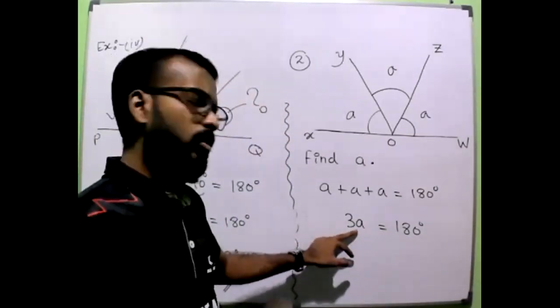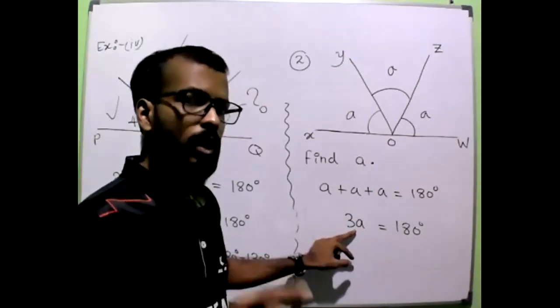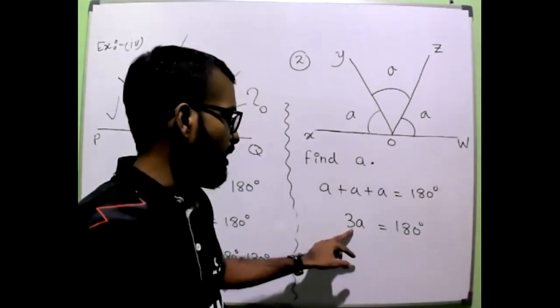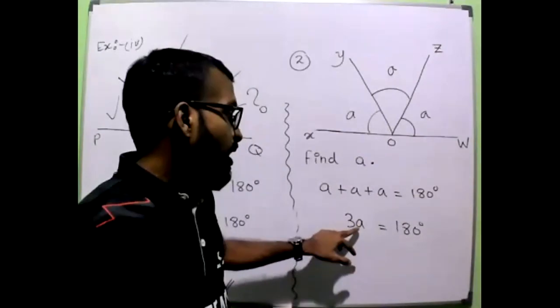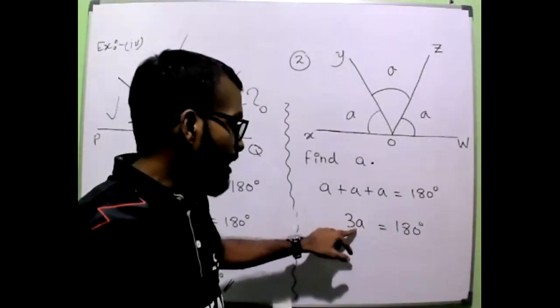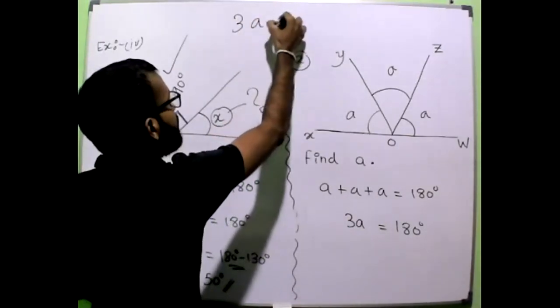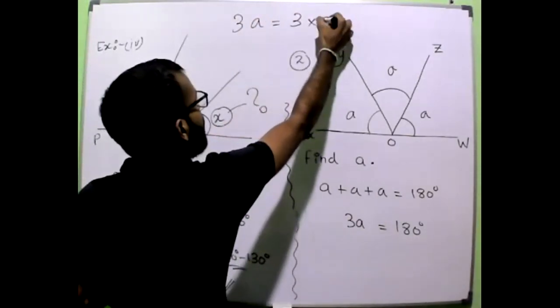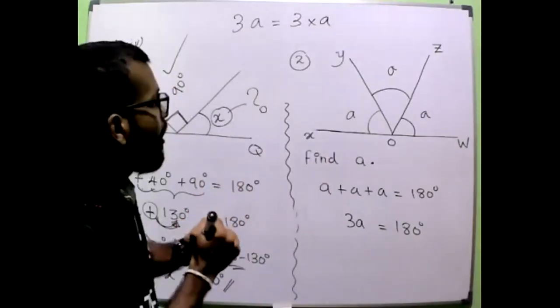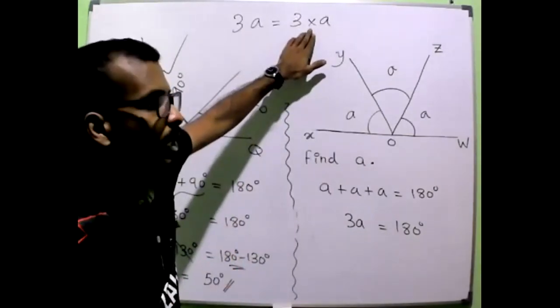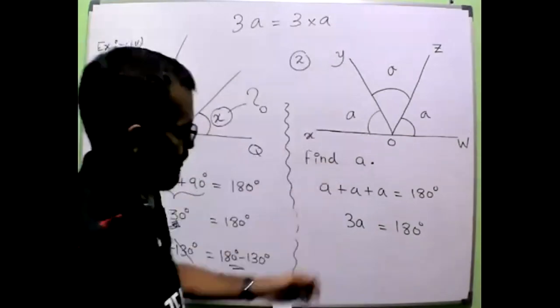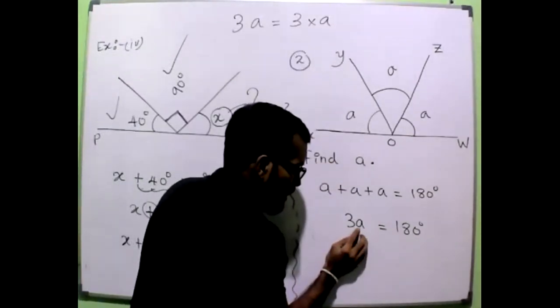3A, okay, it is correct, right? But when you are reading this, 3 times A, this is equal to 3 multiplied by A. Now what is the operation between 3 and A?